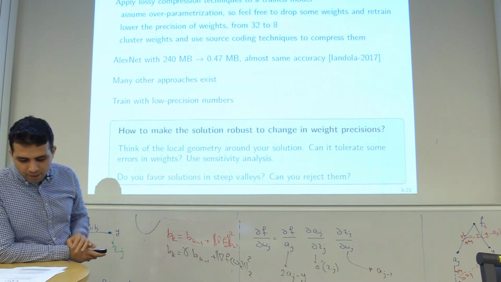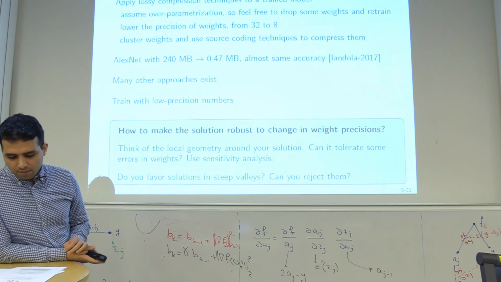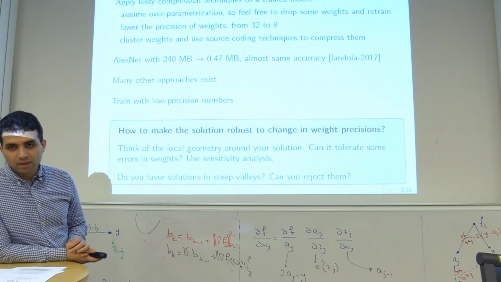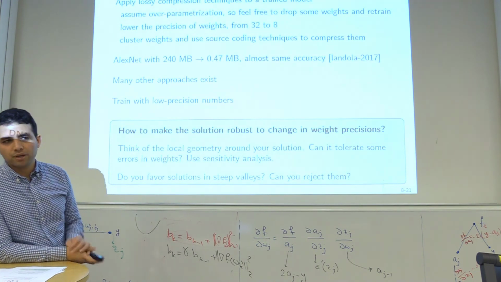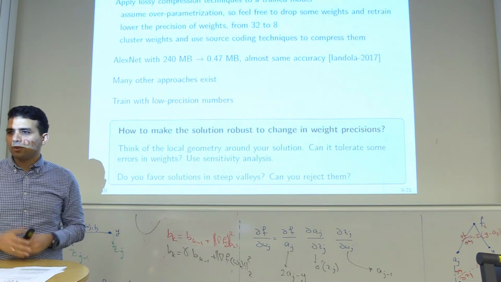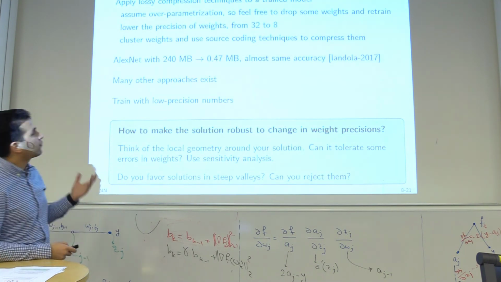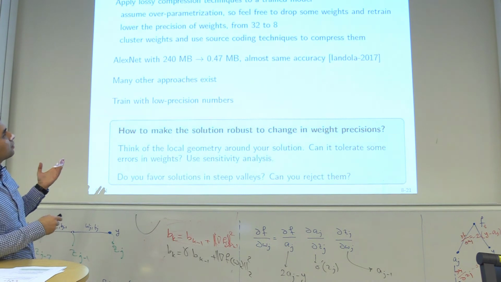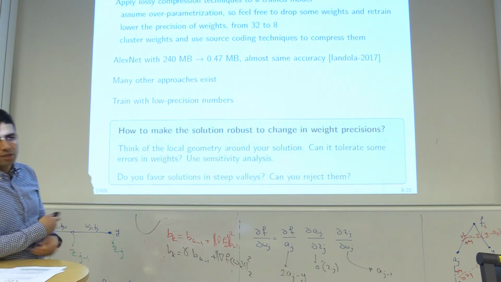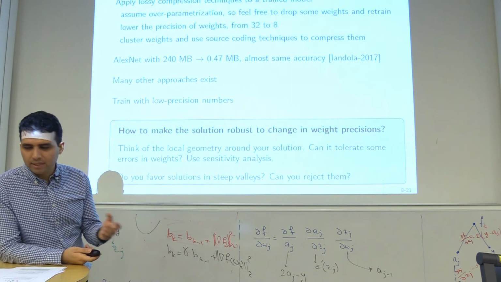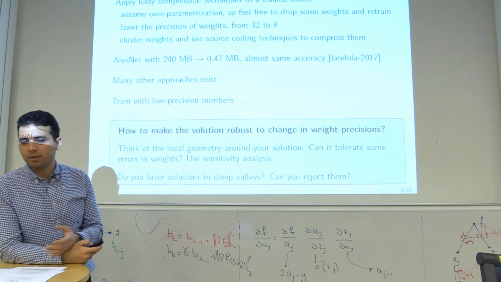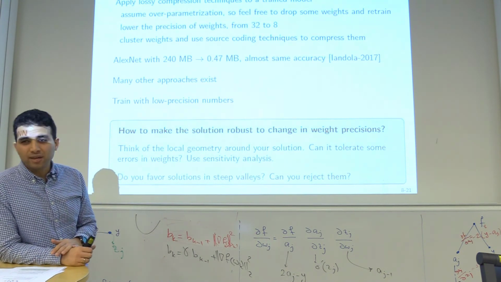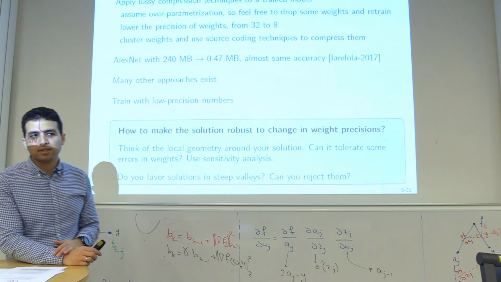There are many different approaches, from lossy compression techniques. The assumption here is that you are given a trained model, and you want to compress that somehow. The first thing you may say is, okay, it's over-parameterized, so just drop some of those. This is a crude algorithm, by no means optimal, but you can do that if you're an experimentalist.